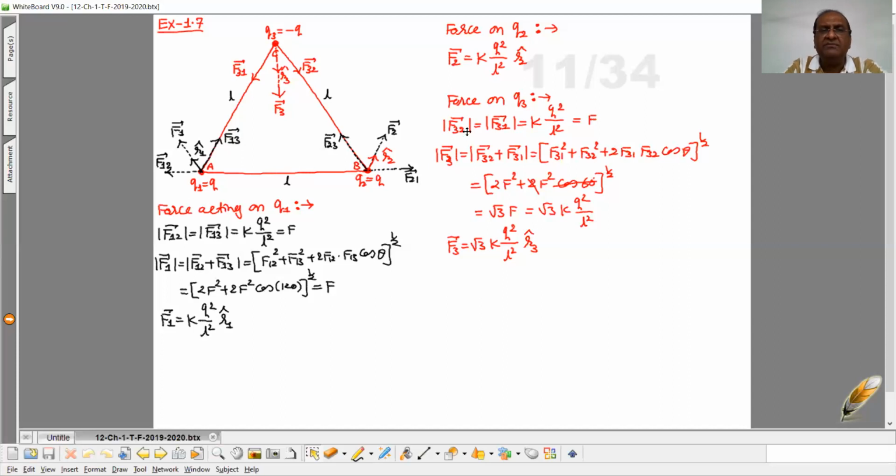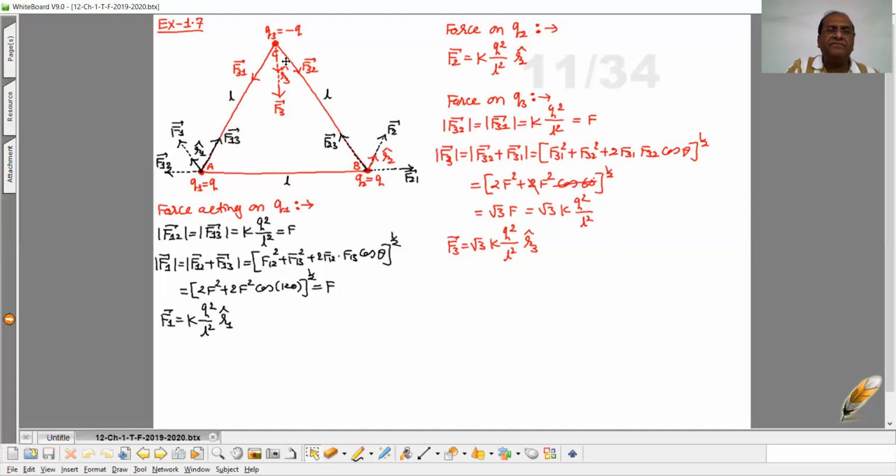So the force on 3 by 1 and the force on 3 by 2 is KQ square upon L square, and say that is F. So the resultant force on 3, magnitude-wise, is the magnitude of F32 plus F31, that is under root F31 square plus F32 square plus 2F31 F32 cos theta. So we can again write F square plus F square plus 2F square cos theta.